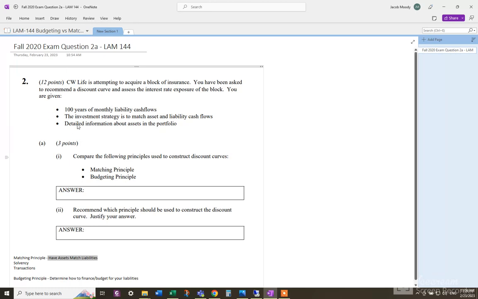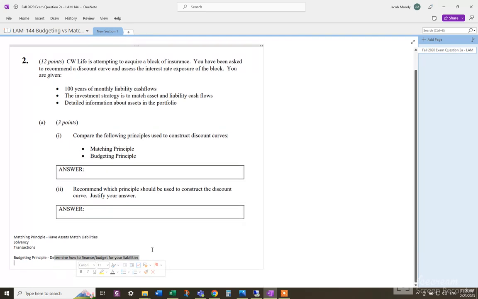And this is what they say in the SOA solution. The budgeting principle, you use that to determine how to finance or budget for your liabilities. And so let's say you were to use the budgeting principle in this problem, and maybe these 100 years of monthly liability cash flows, you have like a 50-year liability and you have a 70-year liability.